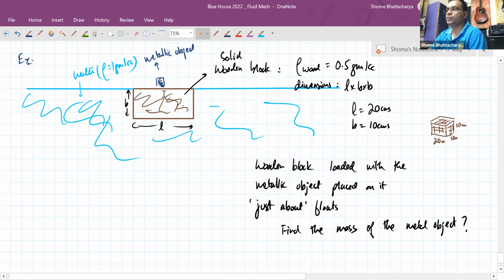If we had not placed this metallic object on top, it would have floated comfortably with only half the volume submerged, because the relative density is 0.5 with respect to water. But the metallic object is pressing it from above and causing it to just about float in a limiting condition. So what is the mass of the object in that case?